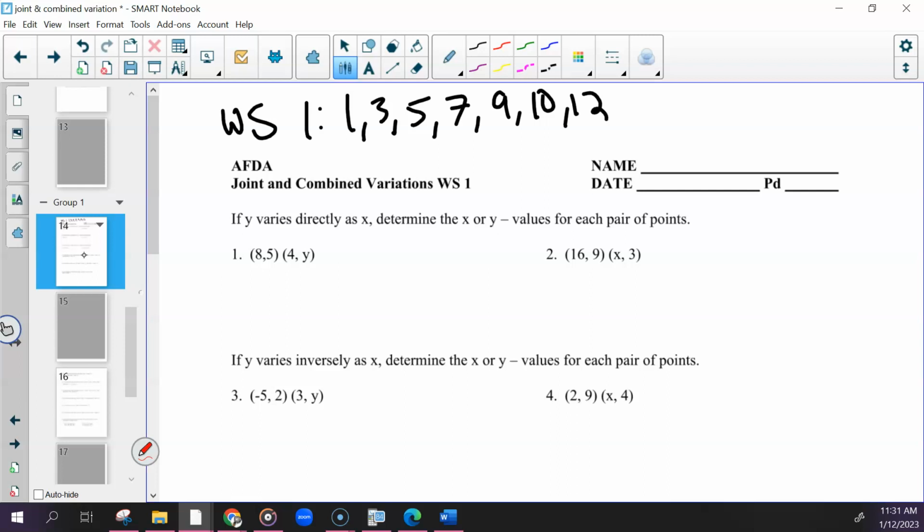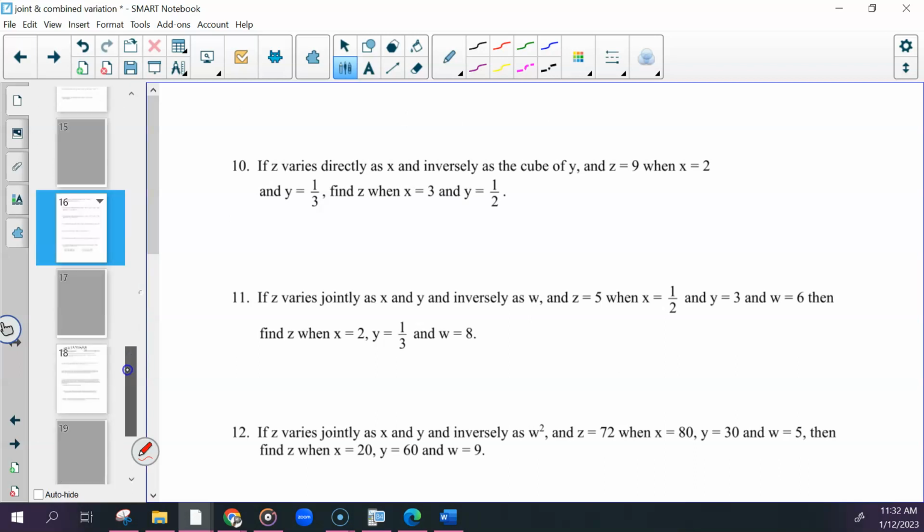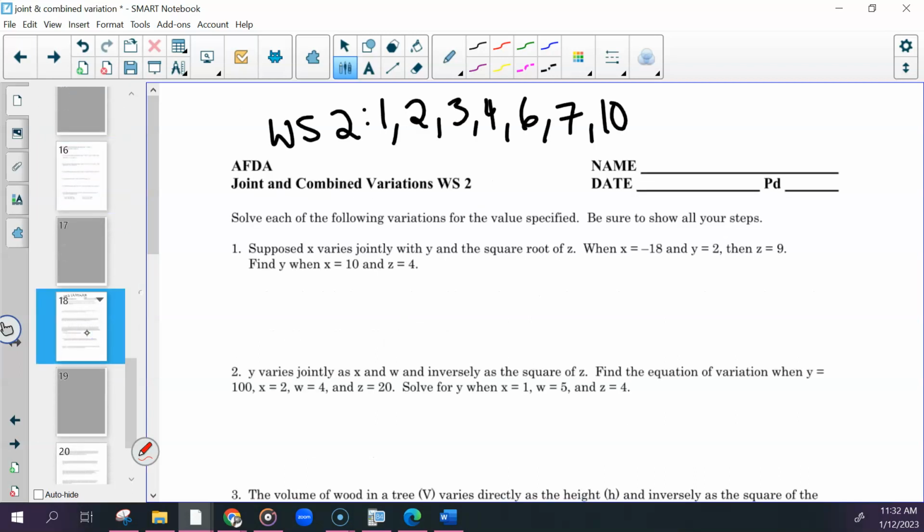It'll say that at the top. It'll look just like this. Should be towards the back. And then on worksheet 2, numbers 1, 2, 3, 4, 6, 7, 10.